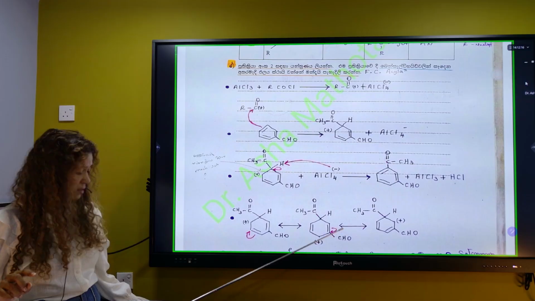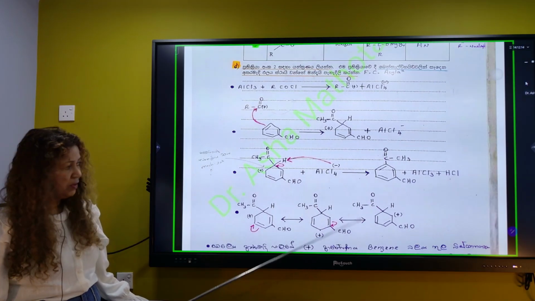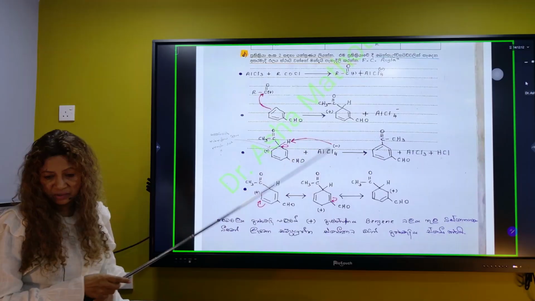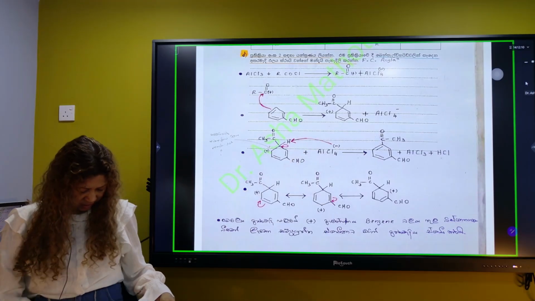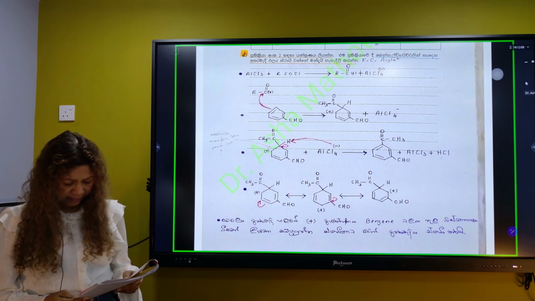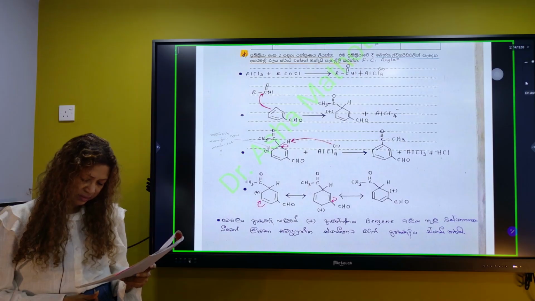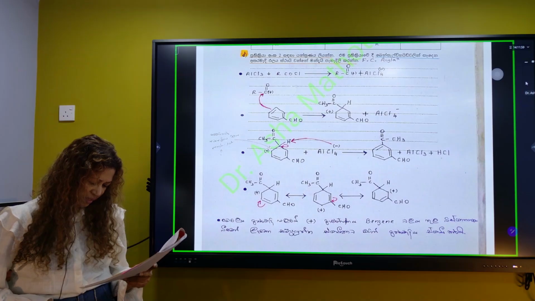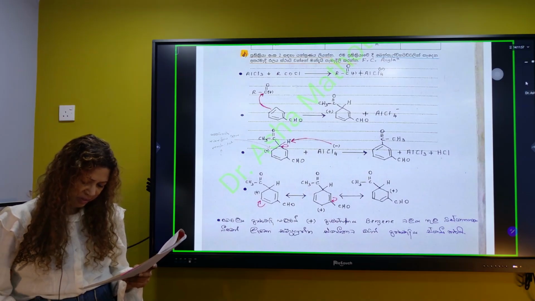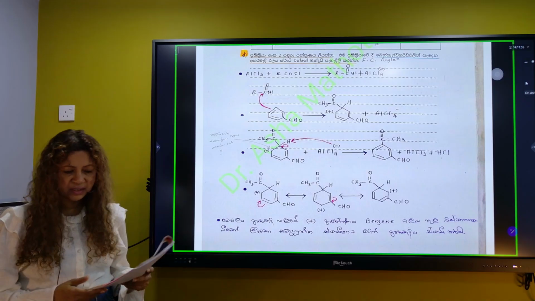That is the solution. Whether they are asking or not, just draw these intermediate structures. Form intermediate carbocation gets stabilized by delocalizing of positive charge with benzene ring as shown in 3 resonance structures.